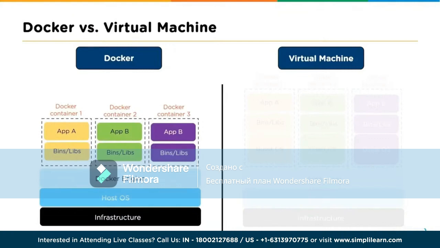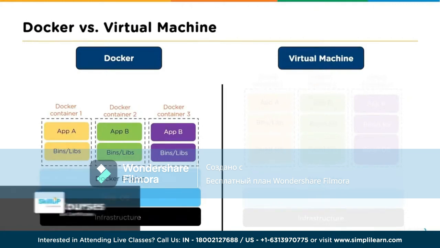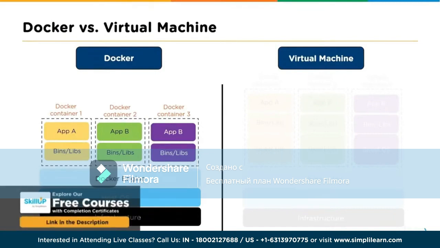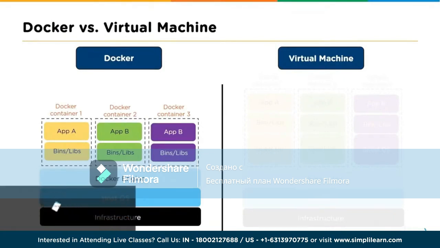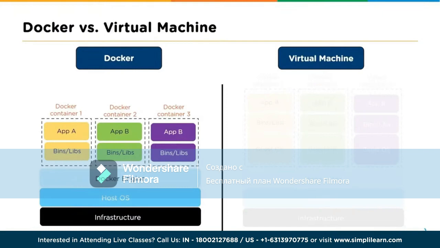Here's what the same setup looks like when you're using Docker containers. Here, you'll notice that there are a lot fewer layers. Docker doesn't require a bunch of massive guest operating systems. Let me break it down from the bottom up again. Infrastructure and host operating systems are the same as we discussed for the virtual machine. Coming to the third layer, instead of a hypervisor, Docker uses Docker Engine.